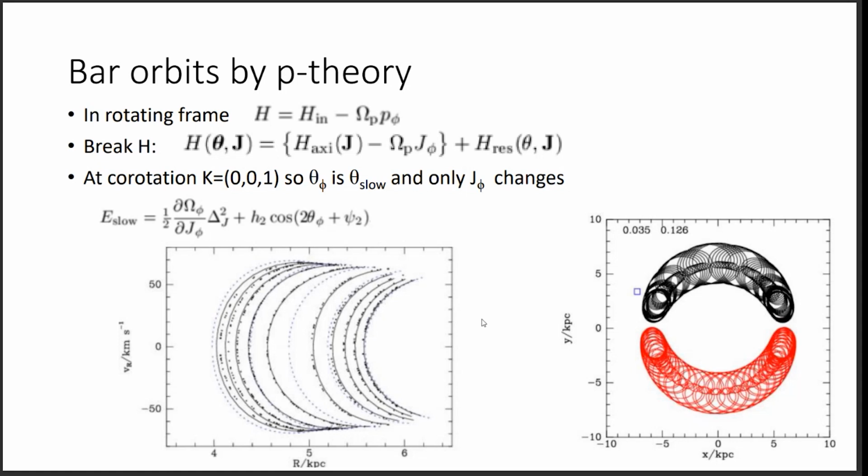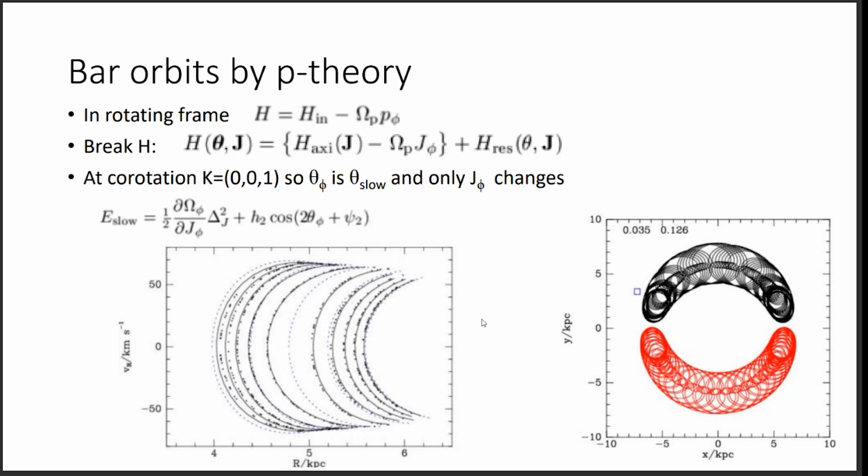Now what we do is we break this Hamiltonian down into an axisymmetric part, and we bury the non-axisymmetric part over here in the residue. And from here, we can subtract minus omega p times J phi.